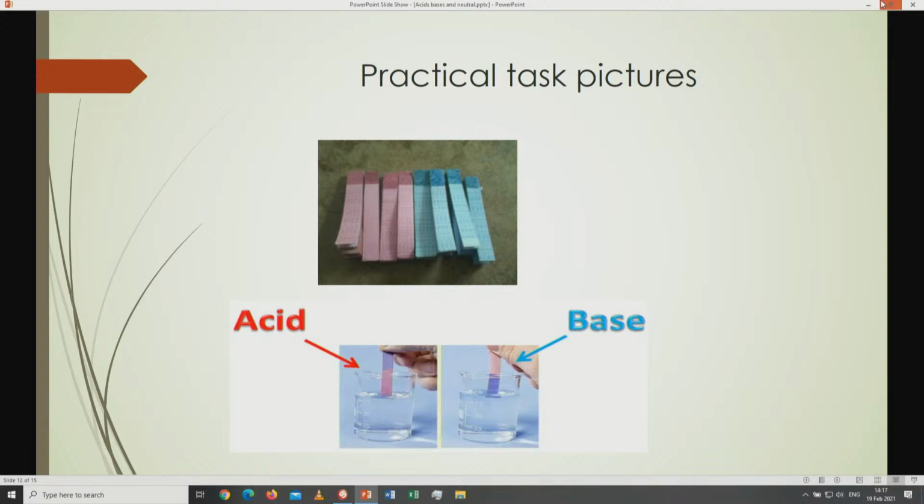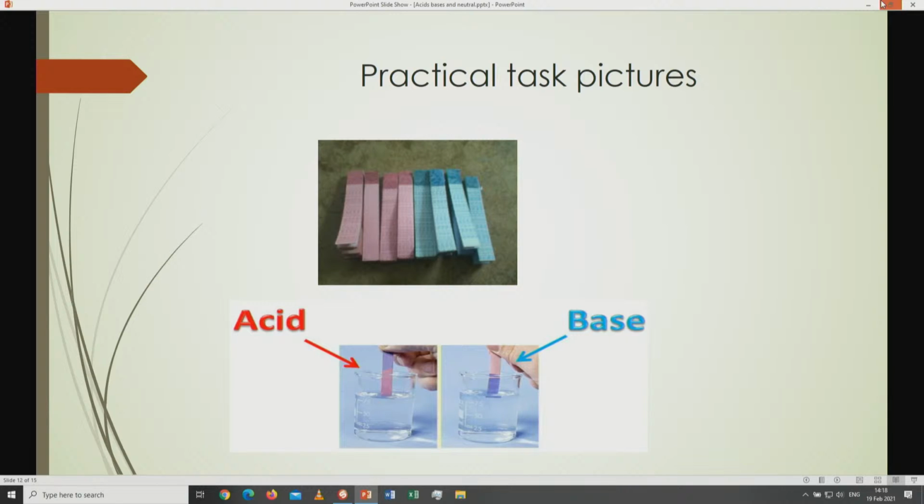And immediately, as I've indicated before, the blue litmus paper changes its color into red. The base on the right-hand side, a red litmus paper, when dipped into a base, immediately is going to change its color and becomes blue.